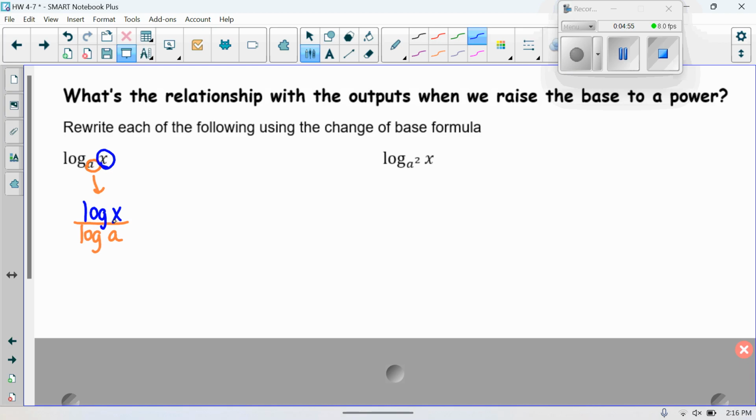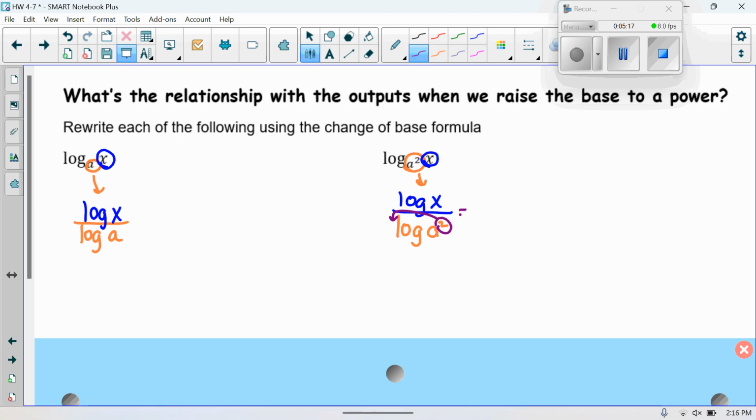I'm going to do the same thing here. My base is going to drop down. So log a squared. And I have log x in the numerator. But remember, my log properties tell me that I can take this and bring it to the front. So this is the same as log x over 2 log a.